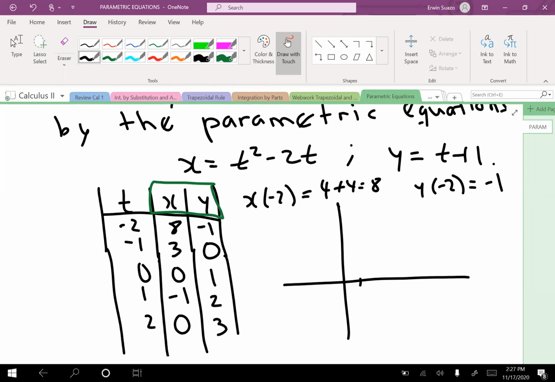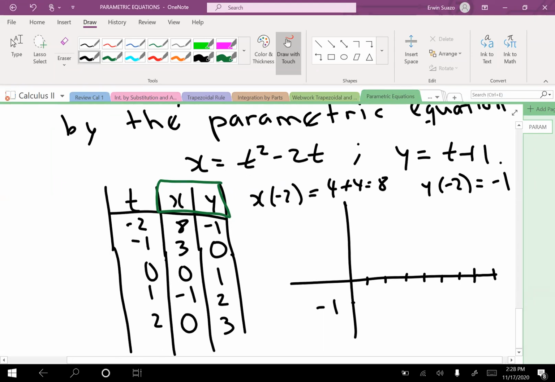Let's count 1, 2, 3, 4, 5, 6, 7, 8, and say -1 is here. So this is my first one. Let's just put it there.